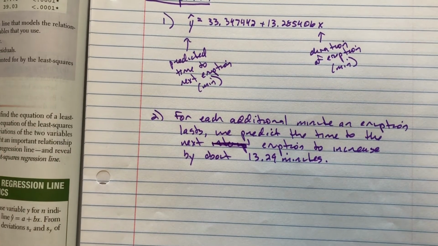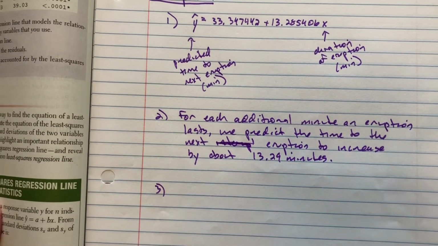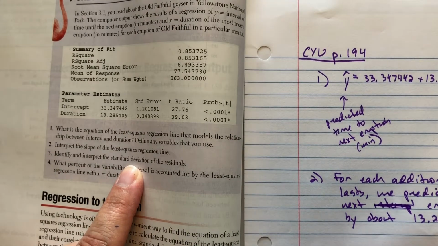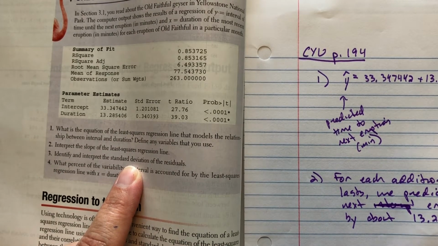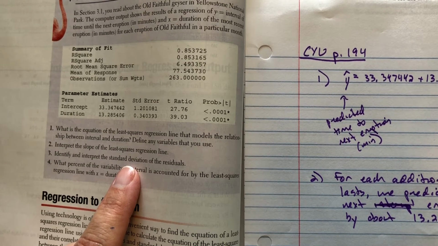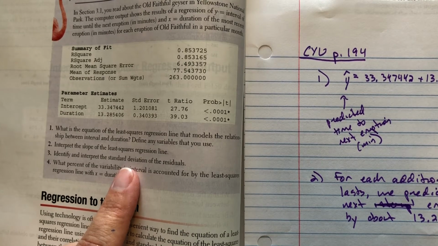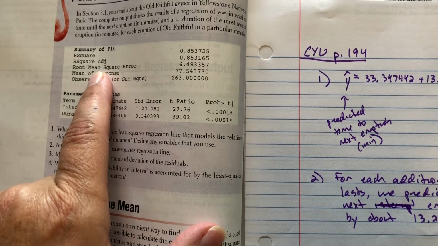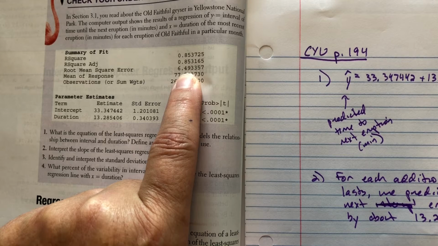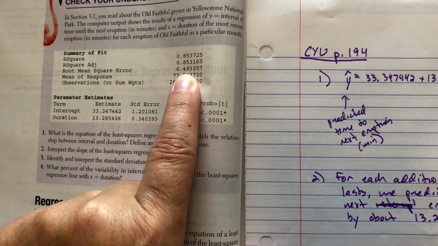Next question says, identify and interpret the standard deviation of the residuals. That is usually my prediction error. That's how much my predictions are going to be off. So that's up here, root mean square error. So it's 6.4957.